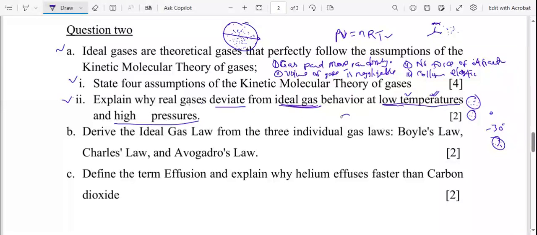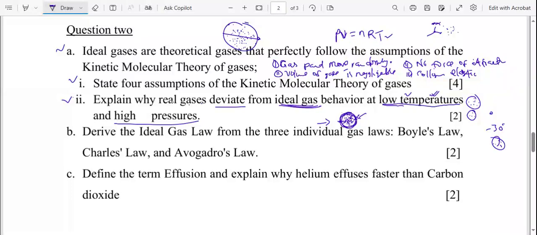If we increase pressure, the volume is also considered, because as we compress these particles, their volume becomes significant. Remember, we said the volume is negligible, but as we reduce the vessel they are placed in, the volume matters, because there will be a point where there are a lot of particles and we can't compress them anymore. So the volume of particles matters as well.